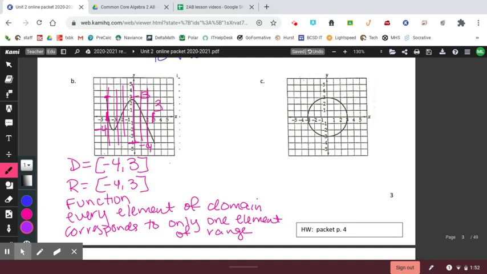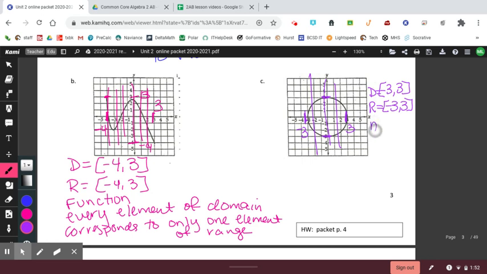All right, for C, the domain, I'm going to list it up here. The domain, x values go from -3 to 3, and it is continuous, and they are included, so -3 to 3 in square brackets. The range, lowest value, greatest value, still -3 to 3, including them. Is it a function?